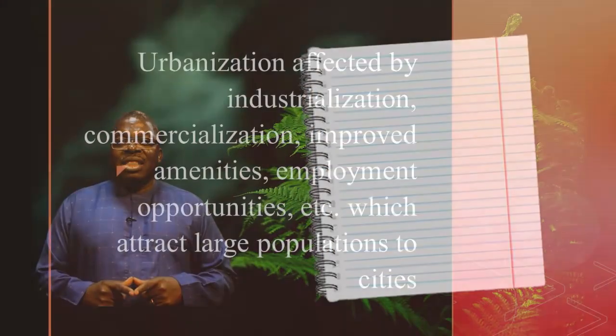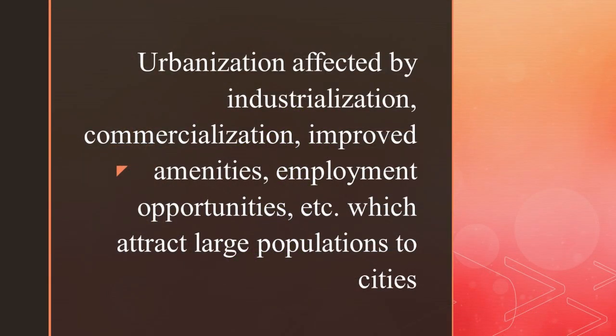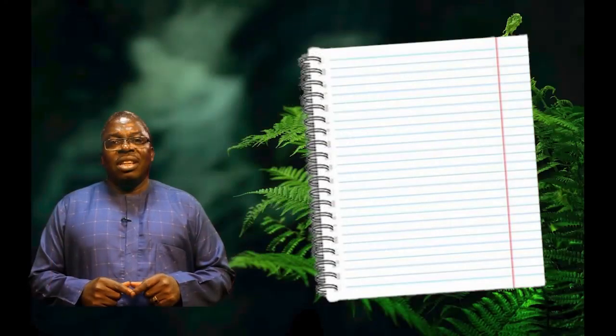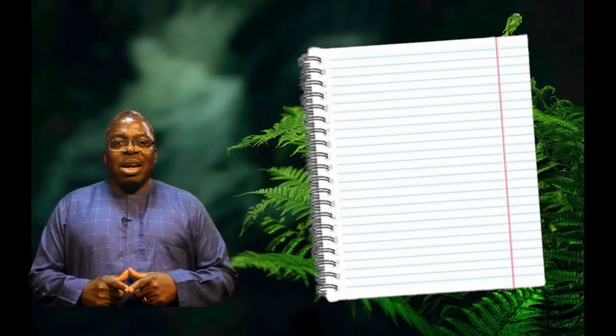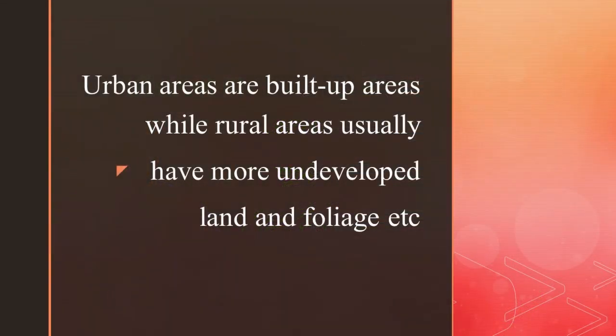Number two, urbanization is affected by industrialization, commercialization, improved amenities, employment opportunities, and the like, which attract large populations to cities. Key characteristics of urban areas are socio-cultural and demographic diversity, urban crime, conflicts, and the like. Urban areas are built-up areas, while rural areas usually have more undeveloped land and foliage.